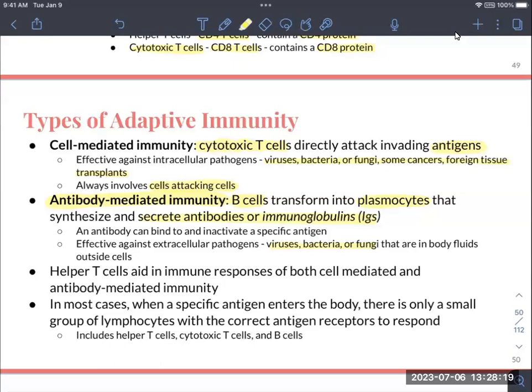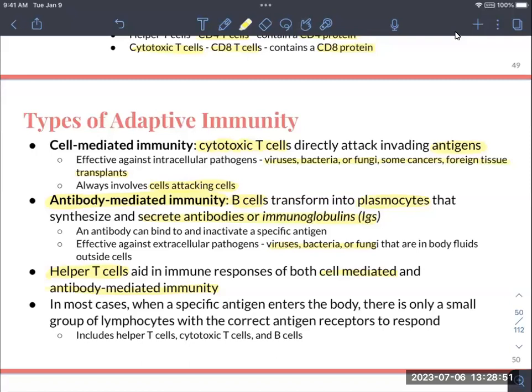Helper T cells will help with cell-mediated and antibody-mediated immunity. So when specific antigens can enter, or when they do enter the body, originally there's usually only a very small amount of lymphocytes that have that antigen receptor that can respond.